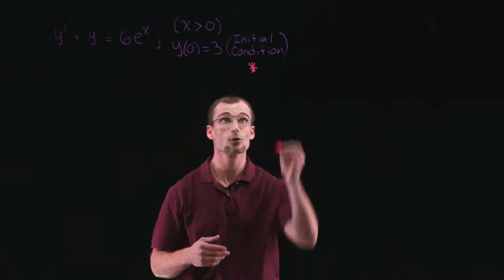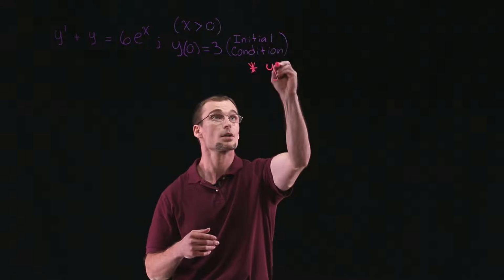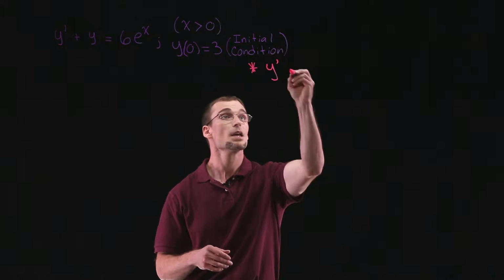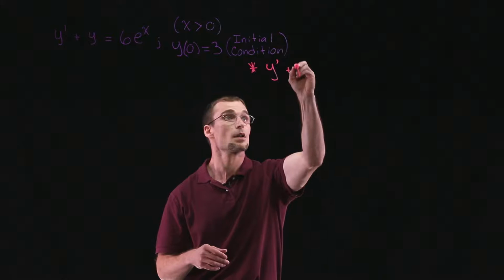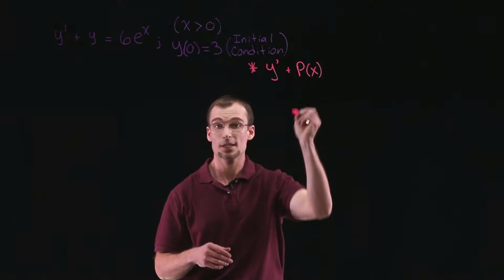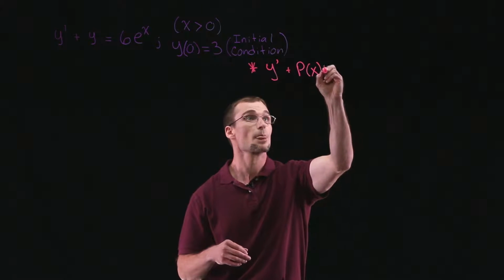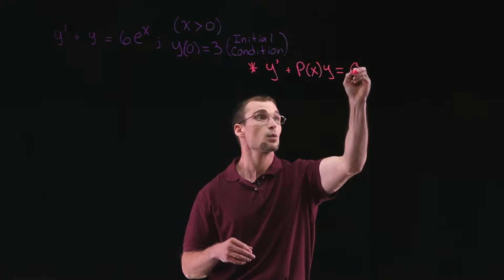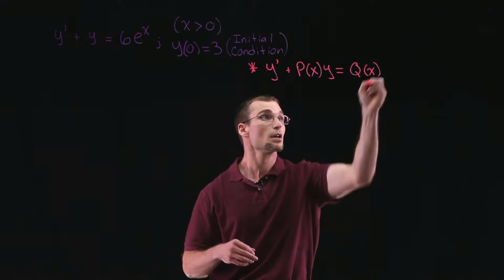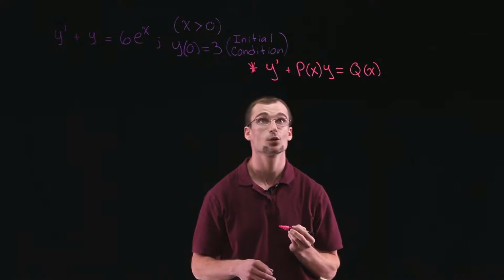Namely, the general form of a first order linear differential equation can be written as y prime plus some continuous function of x, p of x, times y equals q of x, where q is some continuous function also of x.